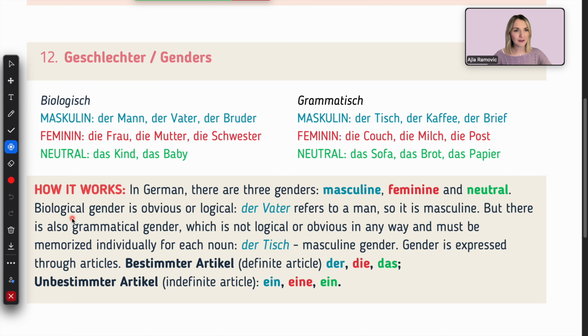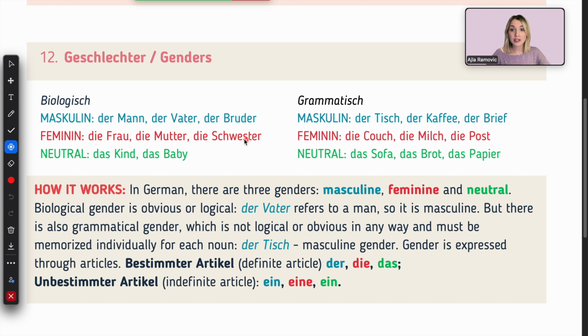What is the difference? Biological gender is obvious or logical. This means when you are looking at a word, it would make sense for this word to be, for example, masculine. Here we have a good example of that. Der Vater, which means the father.